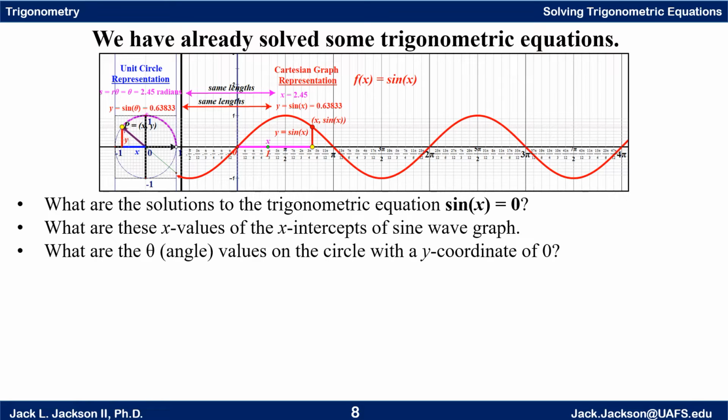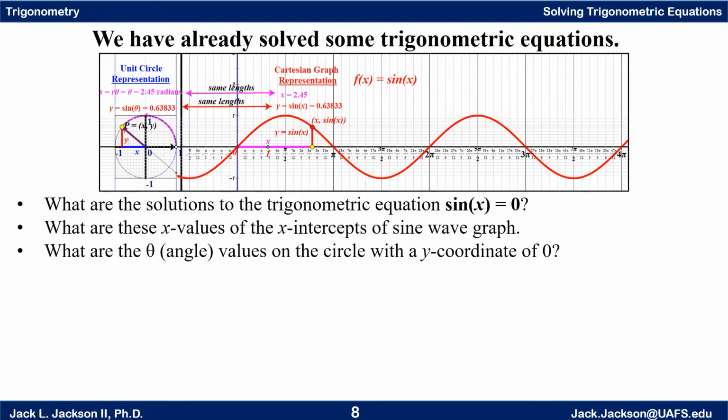Or, what are the x values of the x-intercepts of the sine wave graph? Or, what are the theta angle values over here with a y-coordinate of 0? And notice they're at 0. We rotate to pi, 2 pi, 3 pi, or go this way, negative pi, negative 2 pi, and so forth.